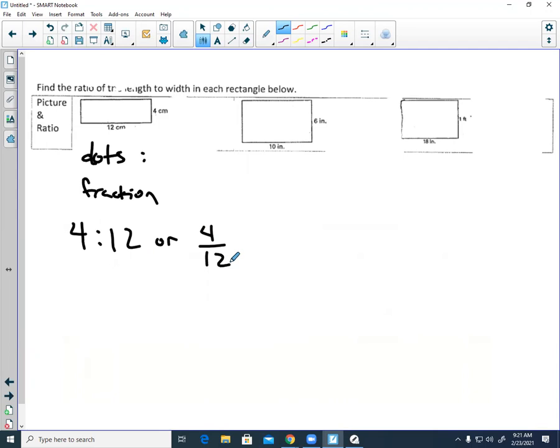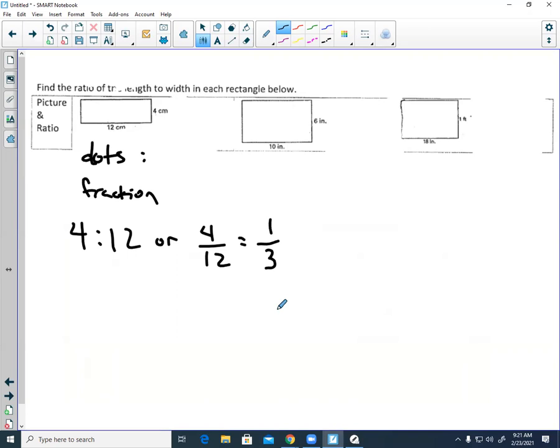So we can divide the top by 4 and the bottom by 4. When we divide the top by 4, we get 1. When we divide the bottom by 4, we get 3. So the ratio of this, you could say, is either 4 over 12 or 1 over 3 because they're equal to each other. Everything about them is the same. That's how we set up a ratio.